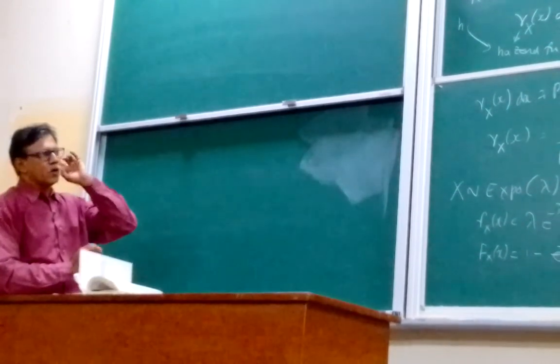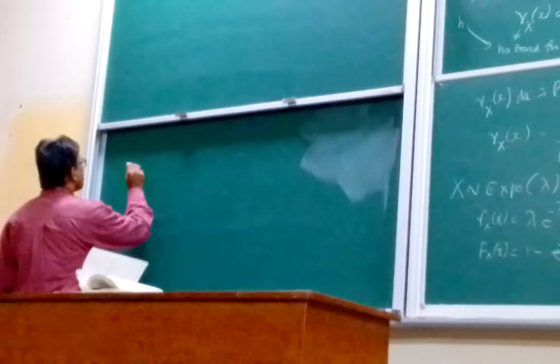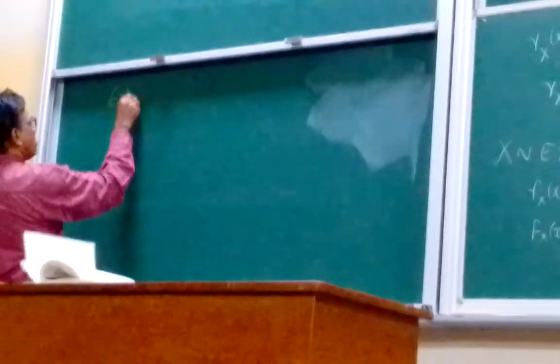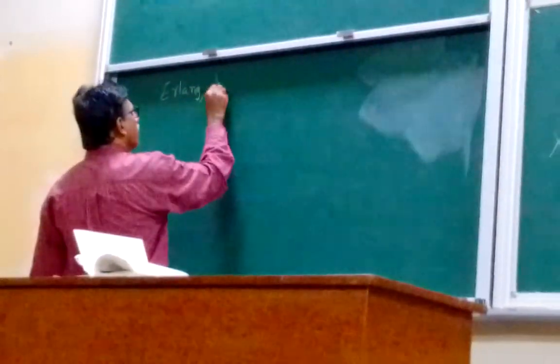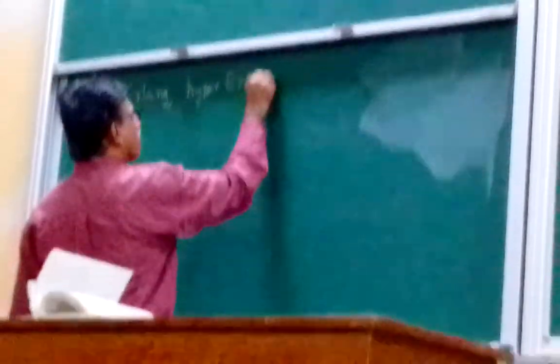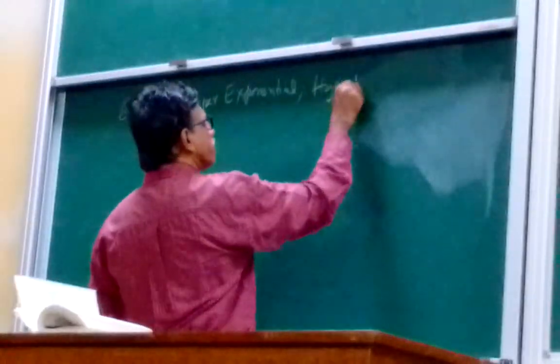We will look at some variations of the exponential distribution. So what are those things which we look at? The Erlang, which we have already seen. Then hyper-exponential, then hypo-exponential.